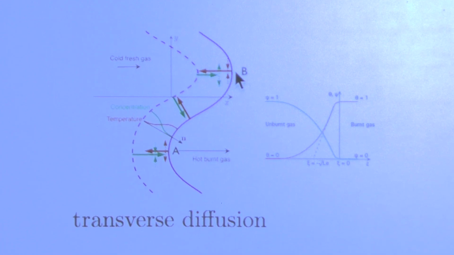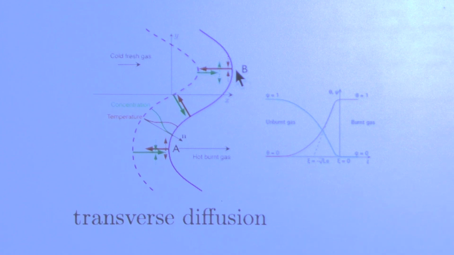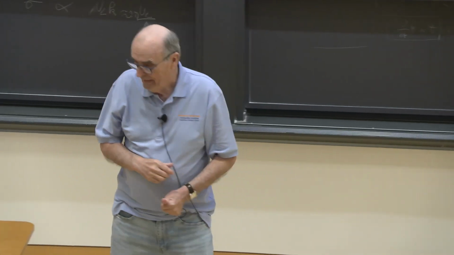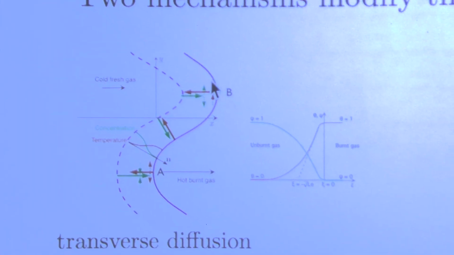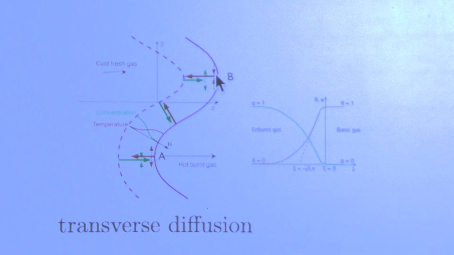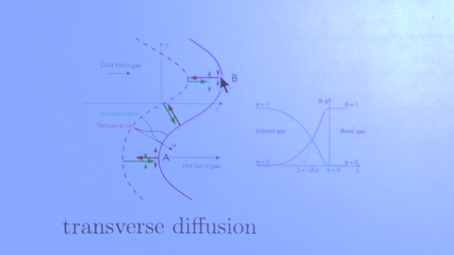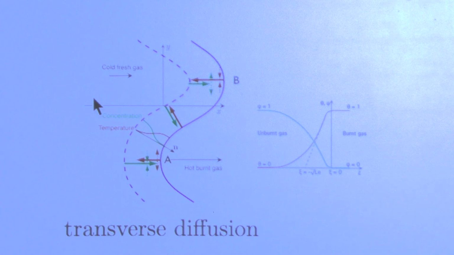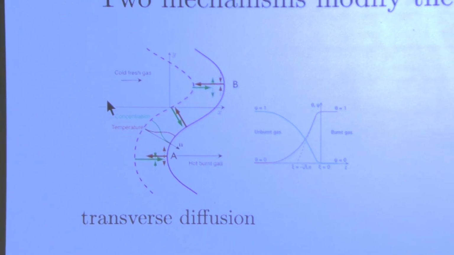So you have competitive effects in the transverse direction between heat conduction, which is going to increase the temperature. But if you increase the temperature, you increase the flame speed. So if you increase the flame speed, you restore the wrinkle.